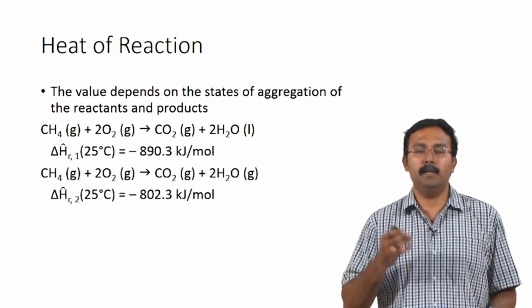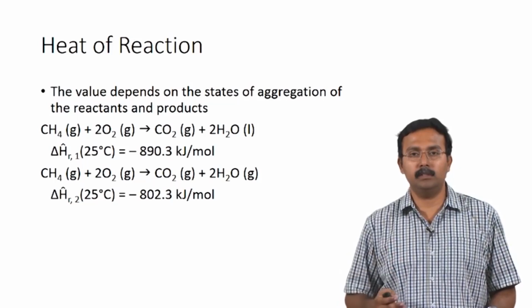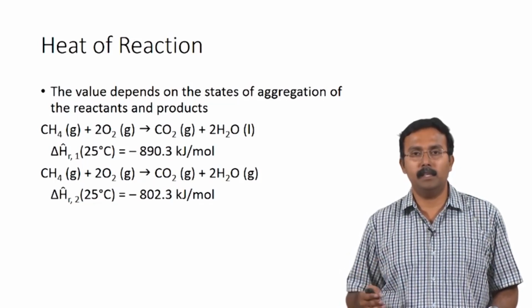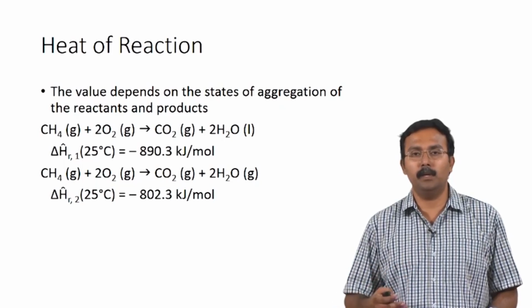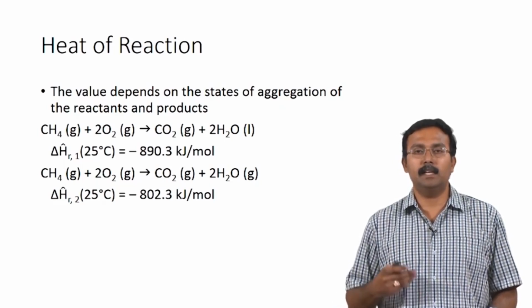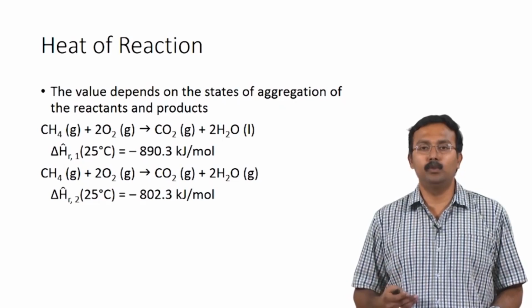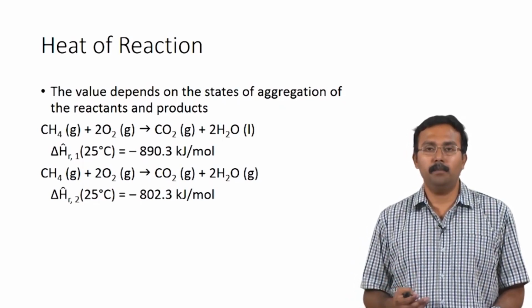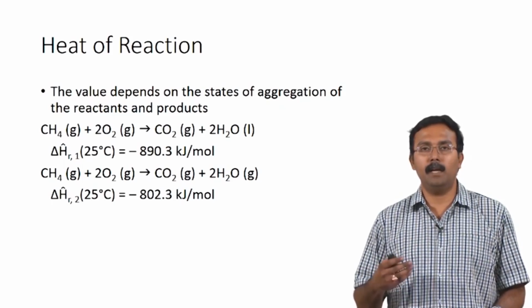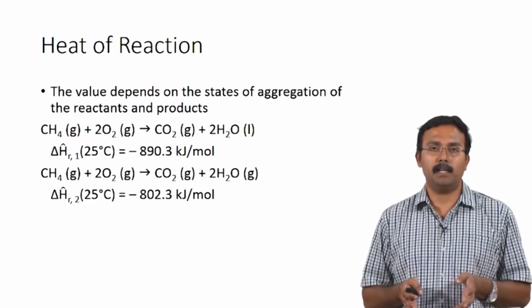However, if you have methane gas reacting with oxygen gas to form carbon dioxide gas and water vapor instead of water liquid, you would have the heat of reaction as minus 802.3 kilojoules per mole. So, the heat of vaporization of water would have to be accounted for while we perform the calculations.